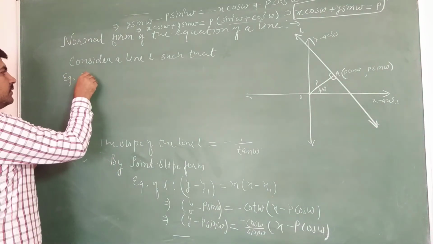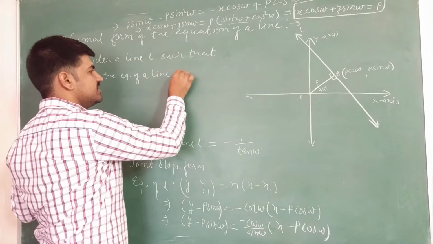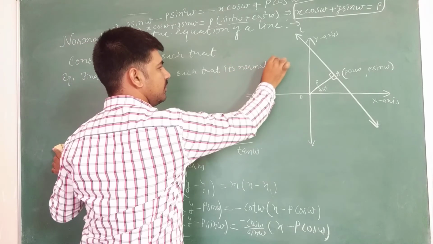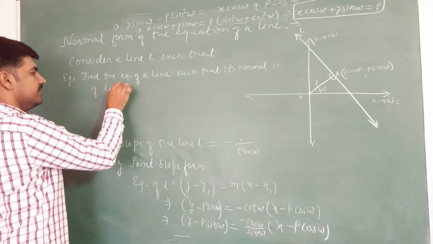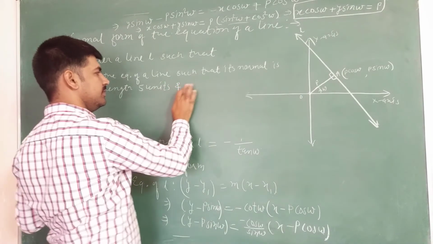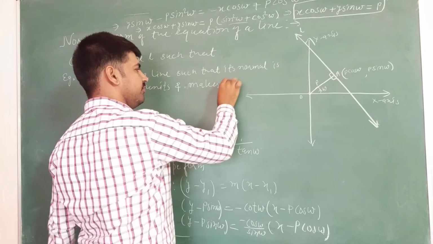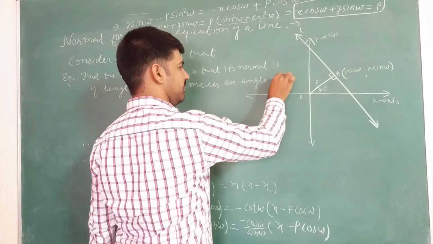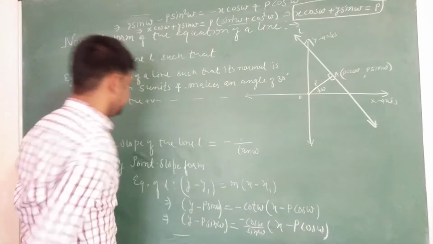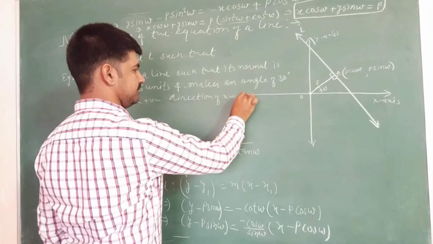Example is, find the equation of a line such that its normal is of length 5 units and makes an angle of 30 degree with the positive direction of x-axis. That is the question.